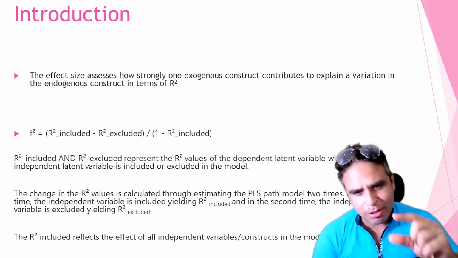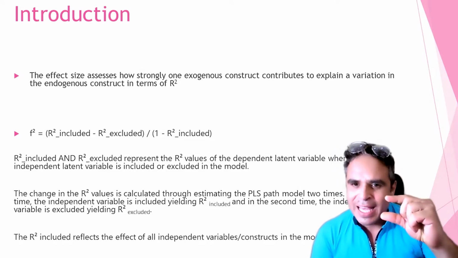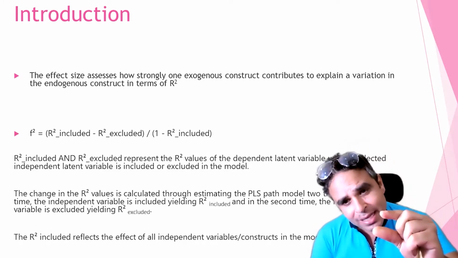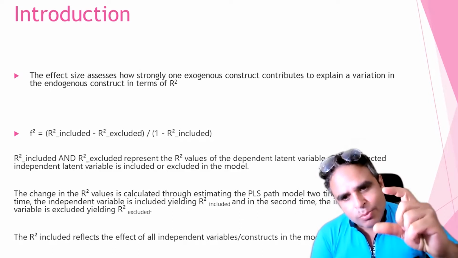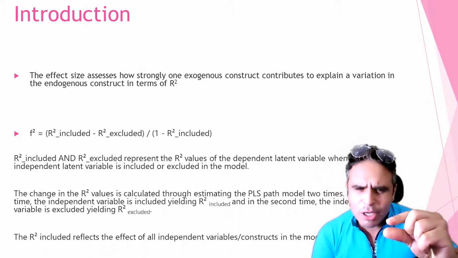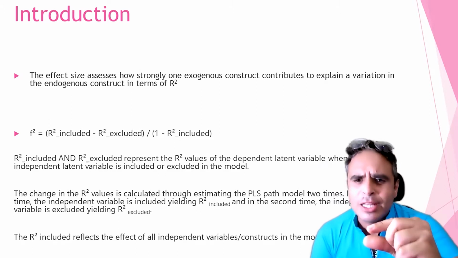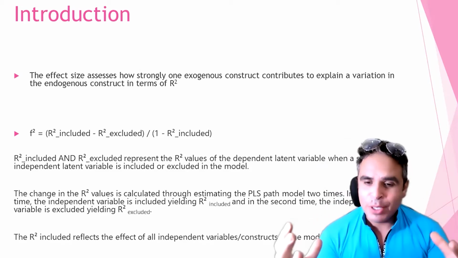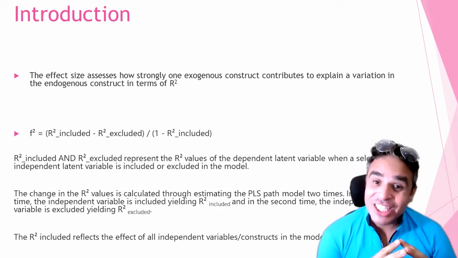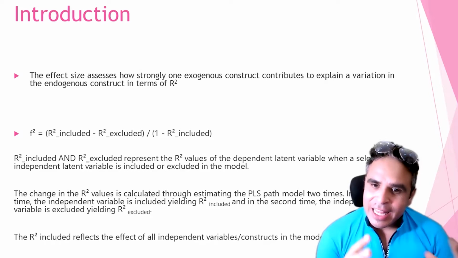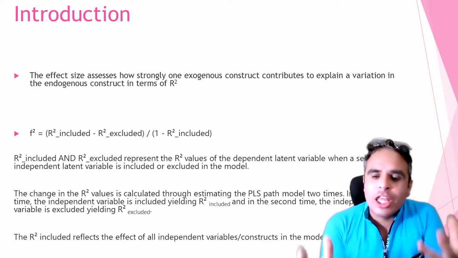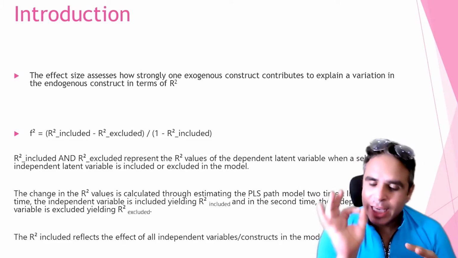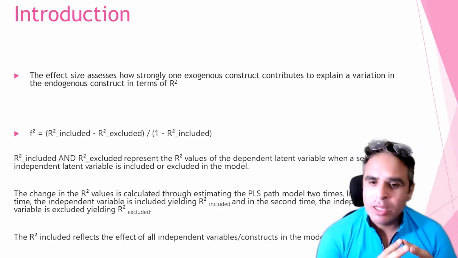So if one variable contributes this much impact, the other one may contribute this much. However, the third may contribute only a tiny bit, just this much. So effect size will help you in SmartPLS understand the role or the weight that a specific independent exogenous variable may play.